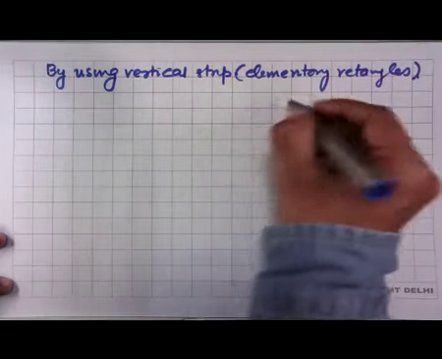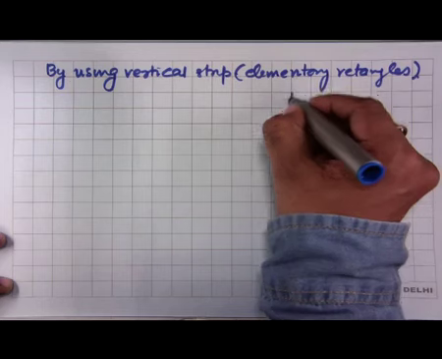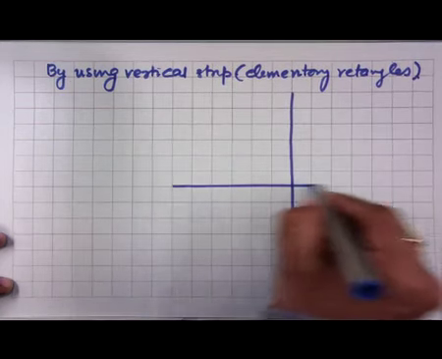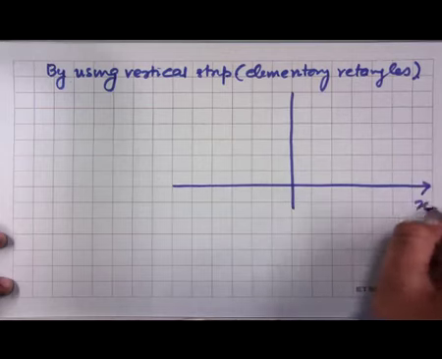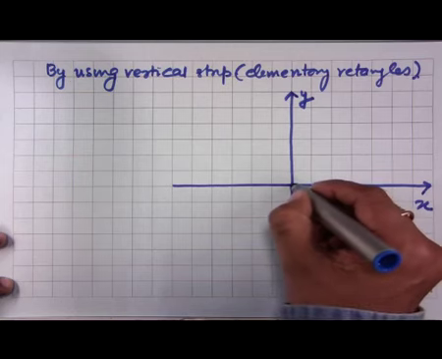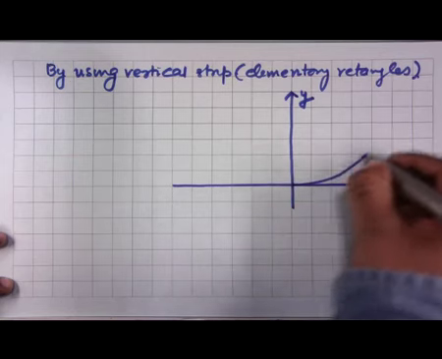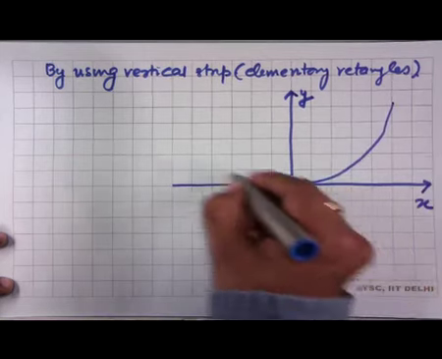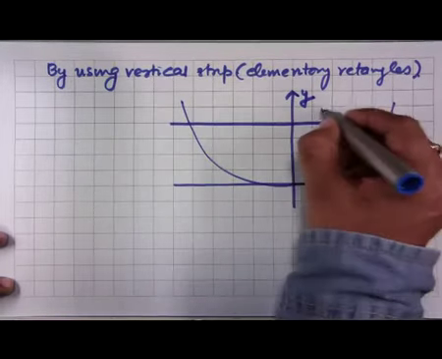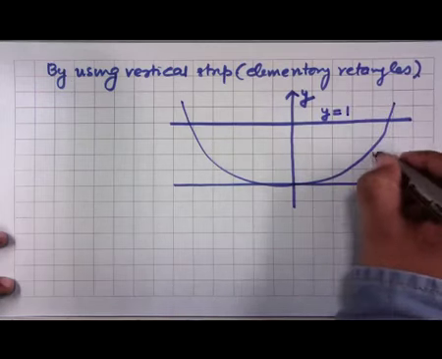So, let me draw it again. This is your y axis, this is your x axis, and this is y equals to 1, this is y equals to x square.